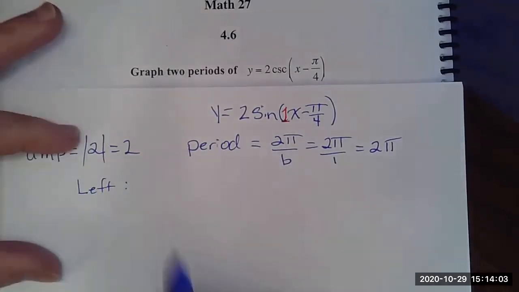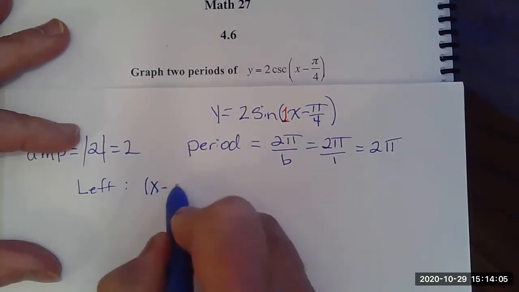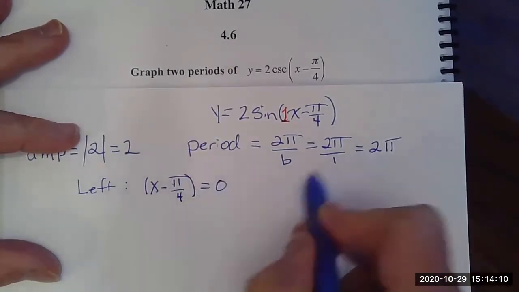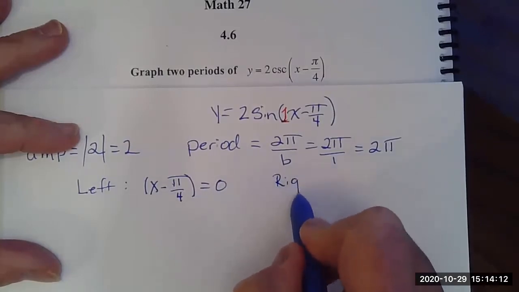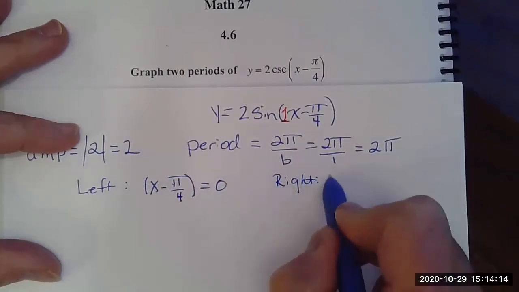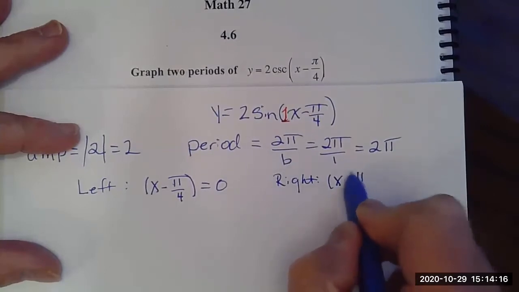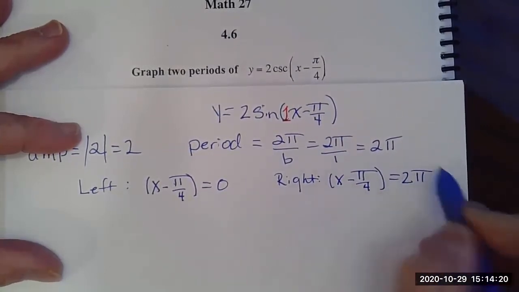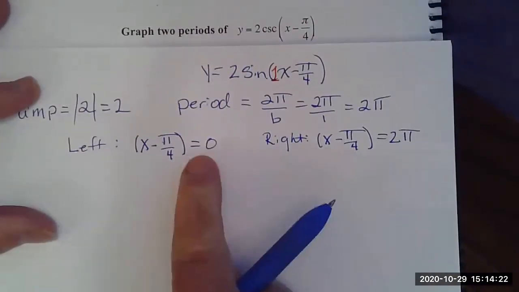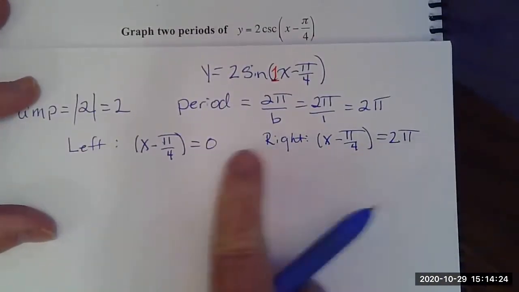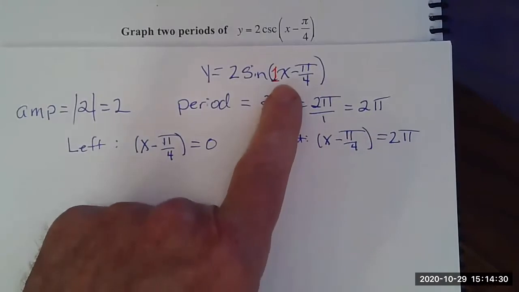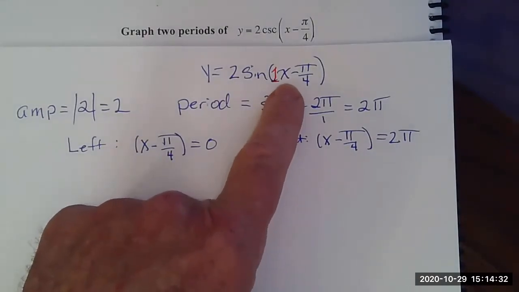Take the argument, which is x minus pi over 4, set that equal to 0, and then do your right, same argument, but make that 2 pi. See the distance between the left and right had better be 2 pi. There's a shift, a transformation of pi over 4 to the right.